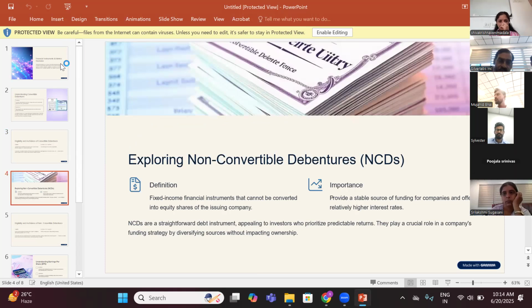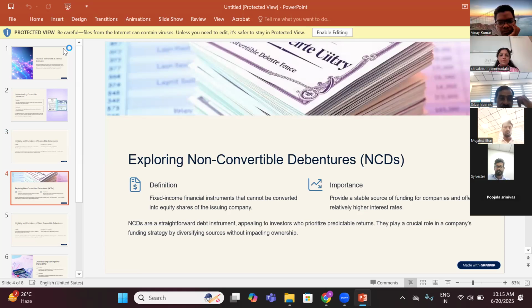Exploring non-convertible debentures. Fixed income financial instruments that cannot be converted into equity shares of the issuing company. If the company issues non-convertible debentures to the investors in the market, they have a fixed norm that they cannot be converted into shares in the market.